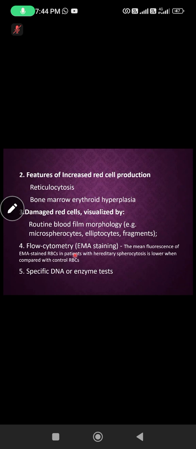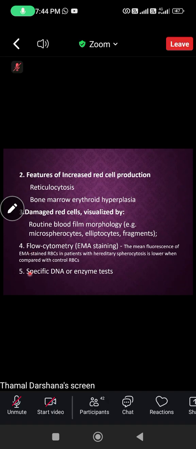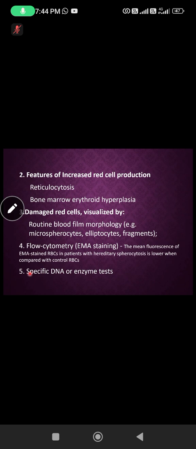So these studies are confirmatory, and they have a higher diagnostic accuracy than screening tests based on biochemical assessments. So for further confirmation, we can do genetic testing if required. If other results are inconclusive, you can do genetic testing and confirm your thalassemias and other hereditary disorders.